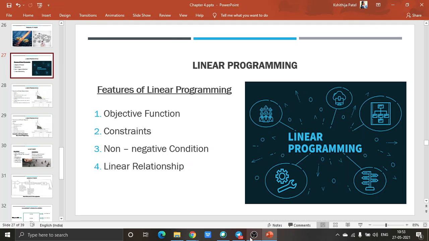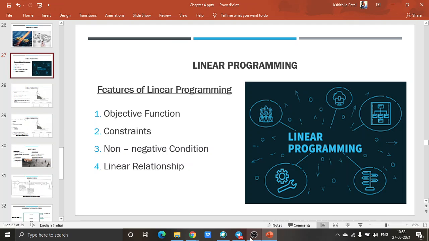Then we have something called the non-negative condition. Now this LP model essentially seeks that the value for each variable can be either positive or it can be 0. In no case can it be negative. That's one thing we'll have to remember.